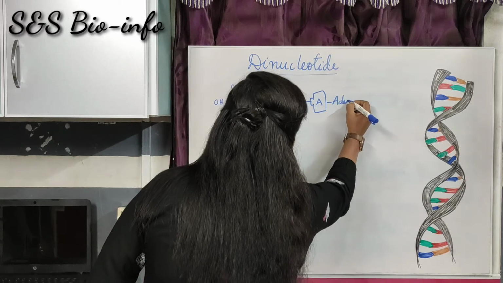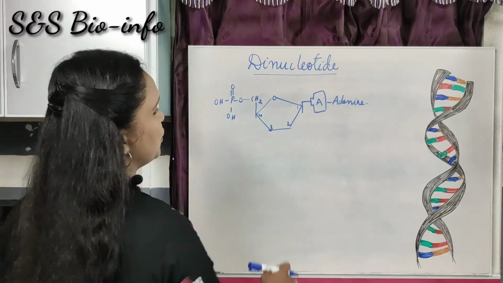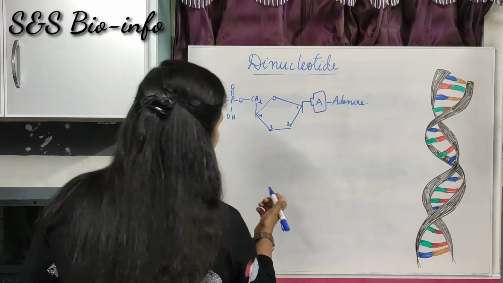This is adenine, suppose. Okay, this is the third position of this pentose sugar. Suppose this is a nucleotide. So let me draw the second nucleotide.